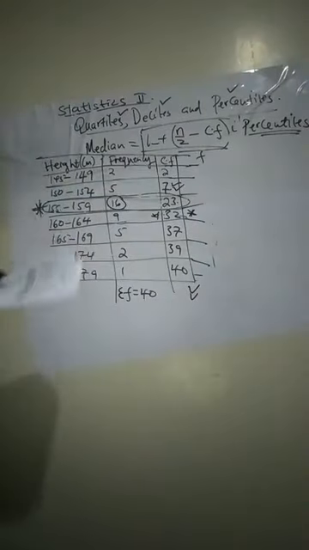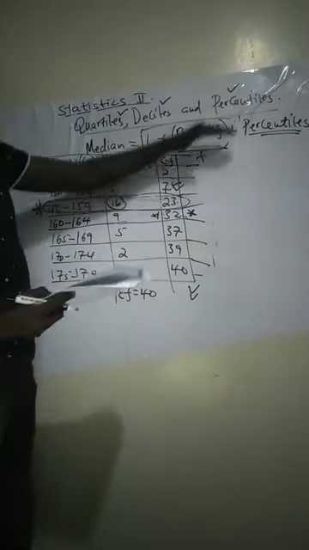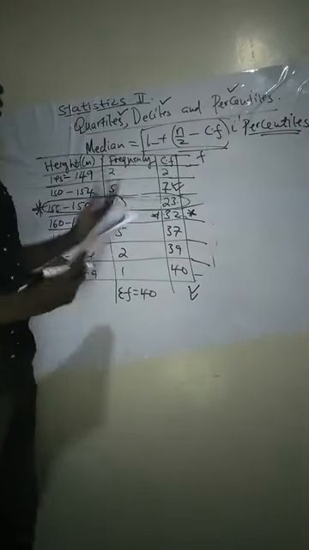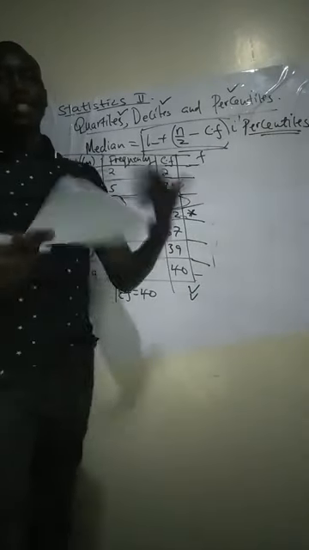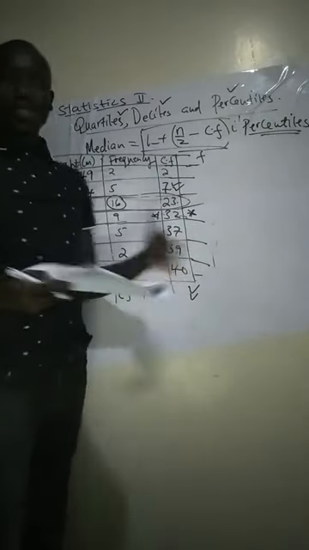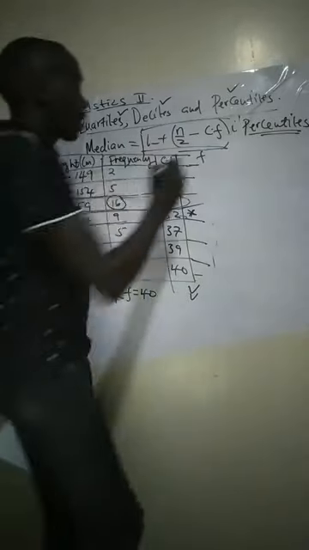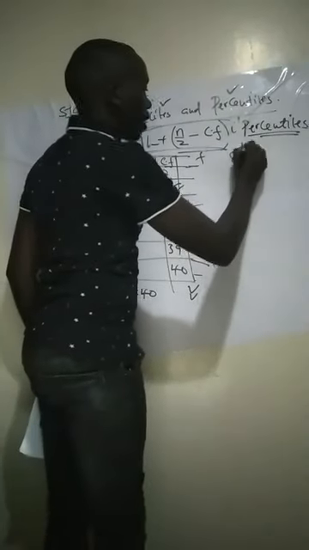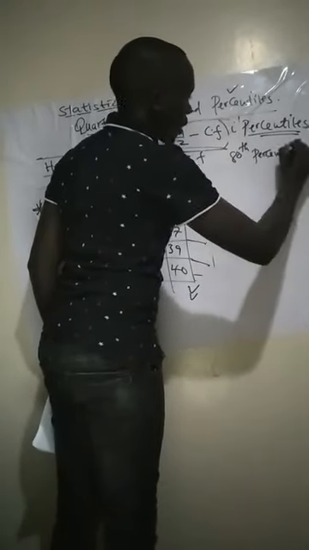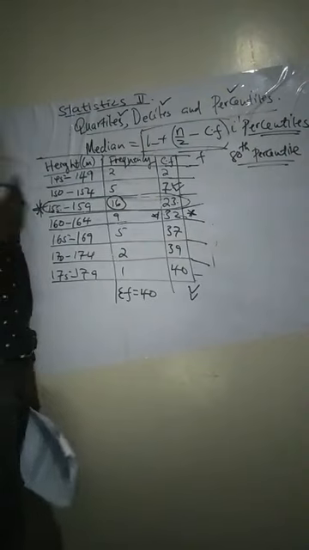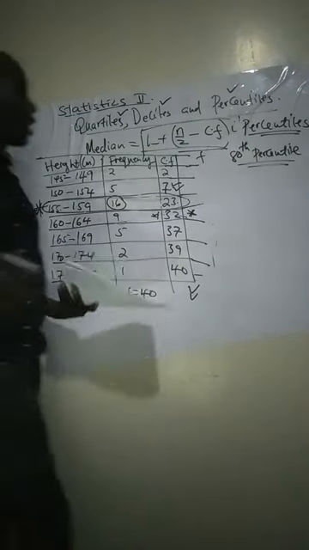Now, in percentiles, it is the same thing that we've just done all through, only that percentiles are derived from the name percentage. Percent, it's out of 100. So I'm giving an example: find the 80th percentile. That is 80 over 100.